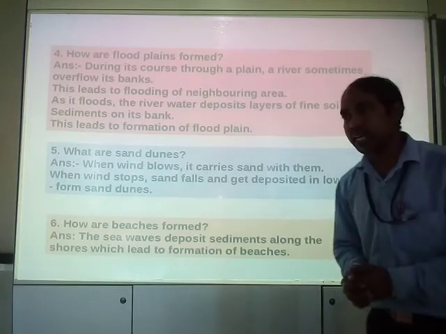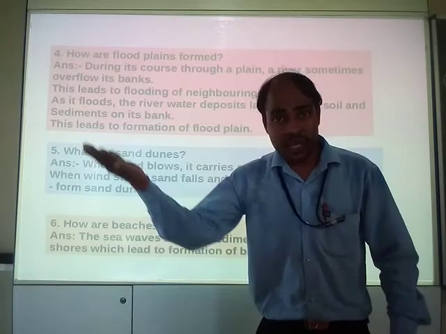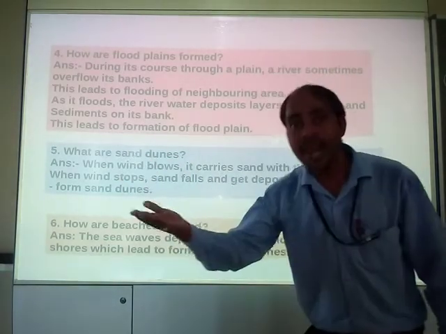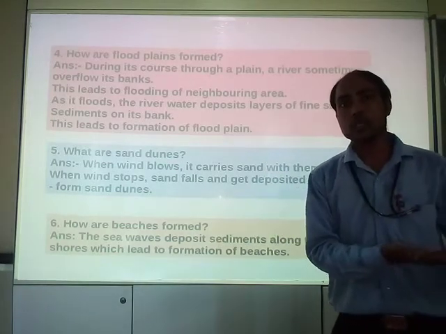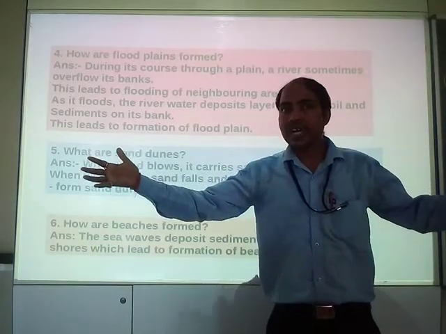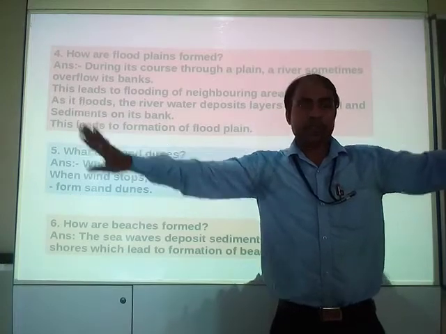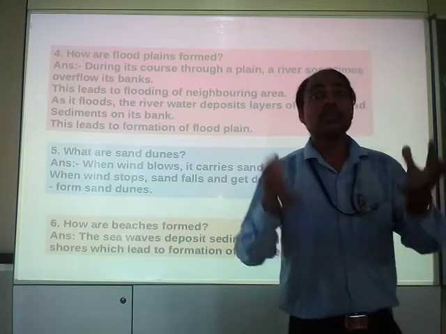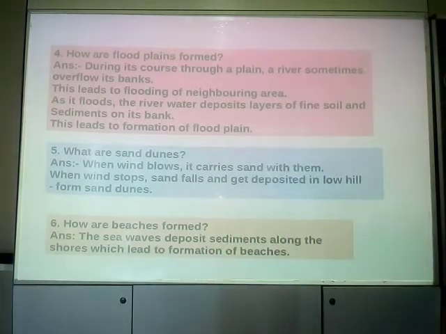The phenomenon is simple here. I have already told you, time and again, whenever a river flows, it carries with it sand, silt, sediments, all these materials. So when overflooding of the river happens, it goes beyond its bank, and the flood comes in the nearby or neighboring areas.